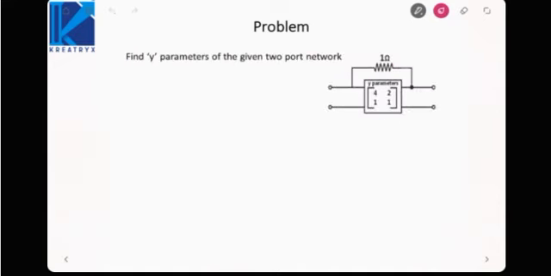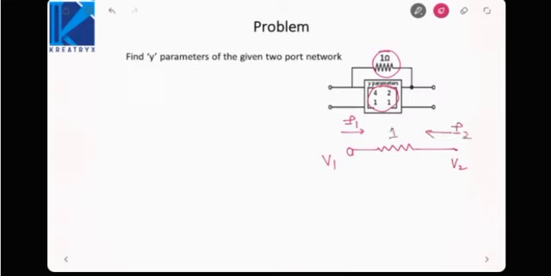In the next problem, it is asking us the Y parameters of the two-port network. We have been given Y parameters of one network and we have connected a resistance in parallel. Now if you consider this resistance as another two-port network which is connected between V1 and V2. Here current is I1, I2 and it is 1.